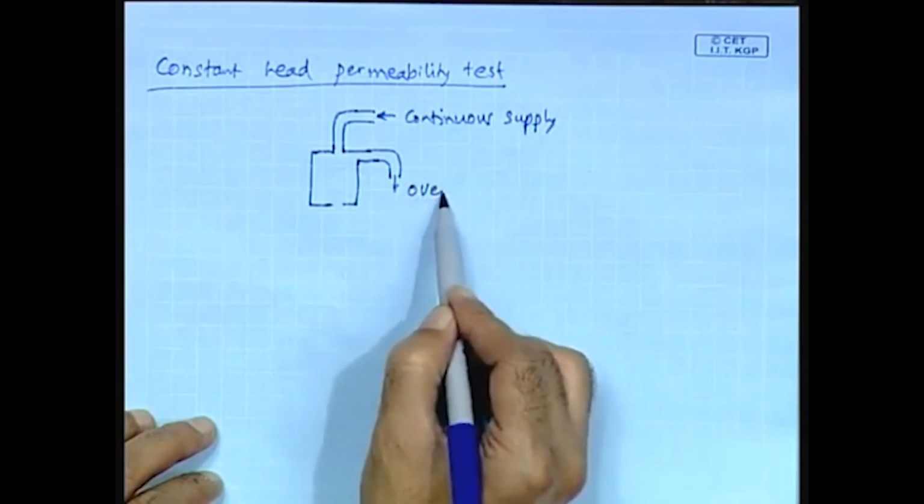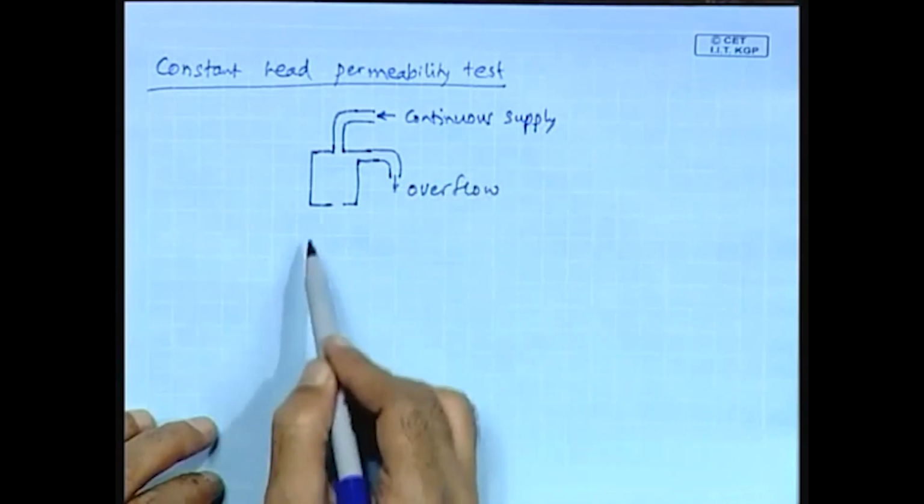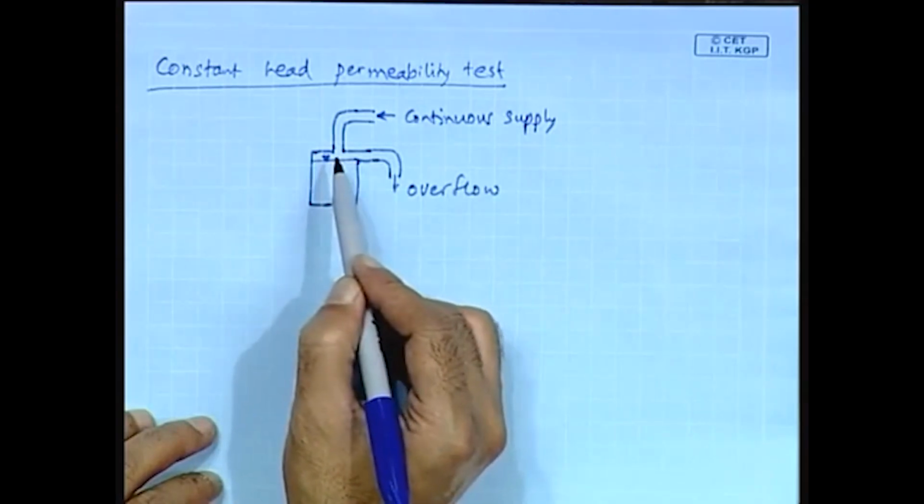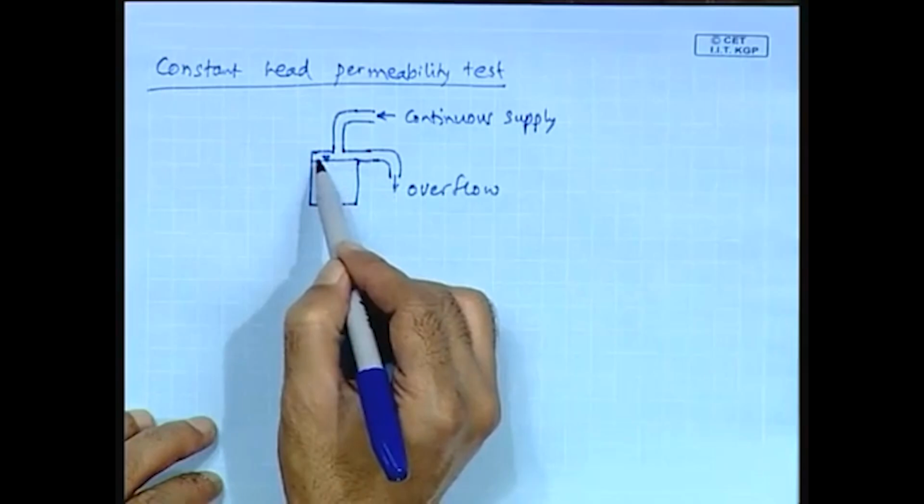This is the overflow, and here this is the constant water level.